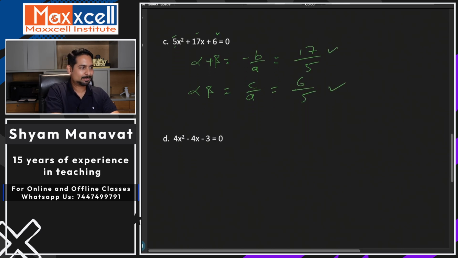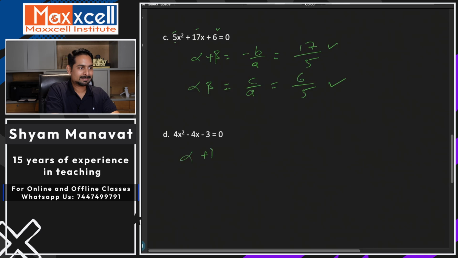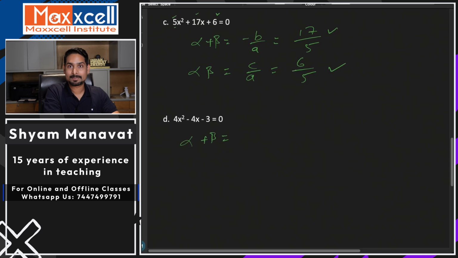Yes? Let's do it once more. Alpha plus beta. Do it fast. Do it faster than me. I know you are much more capable than me. You can do that. Minus b upon a. b is 4. No, b is minus 4. Right, with the sign. This negative is because of the formula. This negative is because the coefficient of x is minus 4.